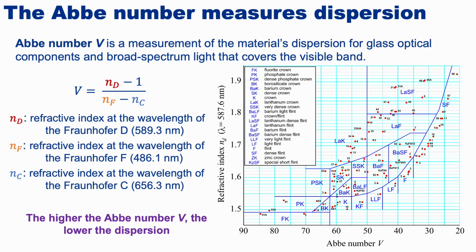The Abbe number is already well known and well calibrated for a lot of materials, and basically low dispersion is reflected by high values of the Abbe number.